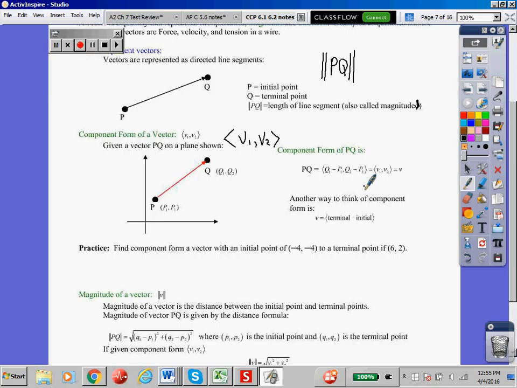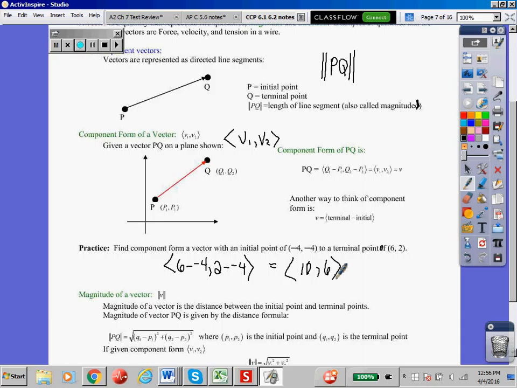And then once you do that, you can call it V sub 1, V sub 2, which is vector V. So look at a practice problem. It says find component form of a vector with an initial point of -4, -4, and a terminal point of 6, 2. So what you do is you take the terminal minus the initial, terminal minus the initial. So 6 minus -4 is 10, and 2 minus -4 is 6.